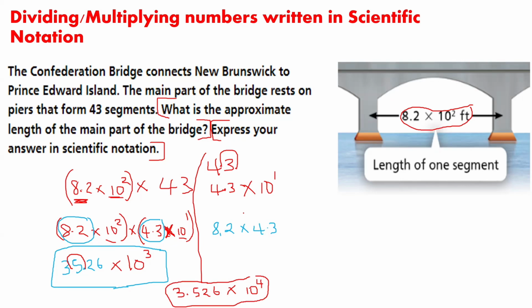If you are multiplying, you keep the base and add the exponents and multiply the first two factors. However, if at the end your answer is not in scientific notation, you need to make your answer in scientific notation by making the first factor less than 10 but greater than or equal to 1, by moving the decimal point either to the right or to the left.